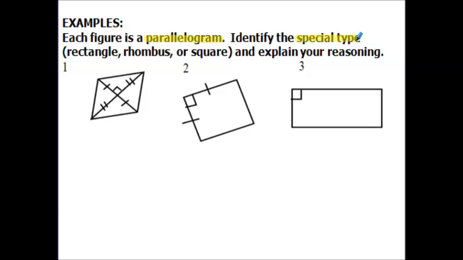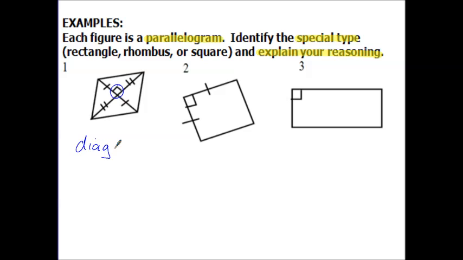And explain our reasoning. Looking at our first example, we see diagonals marked, and we also see that diagonals are bisecting each other. That is true for all types of parallelograms, but we do see that those diagonals are perpendicular.